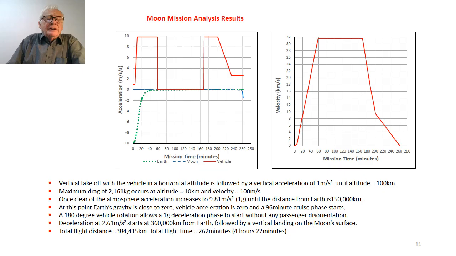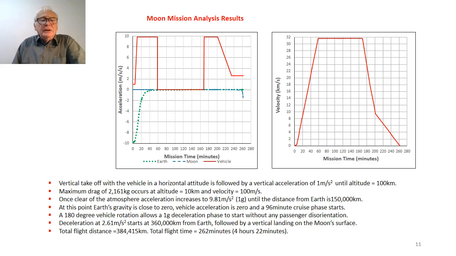The vehicle acceleration is shown as the red line. And we see in the second plot the vehicle velocity, which is shown in red. Both horizontal axes are the mission time in minutes.